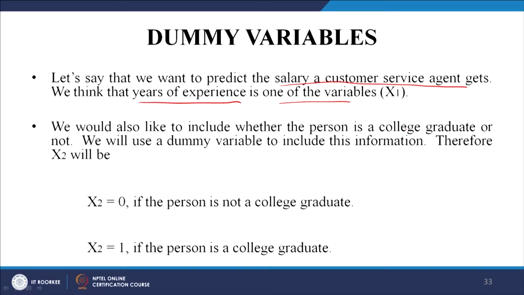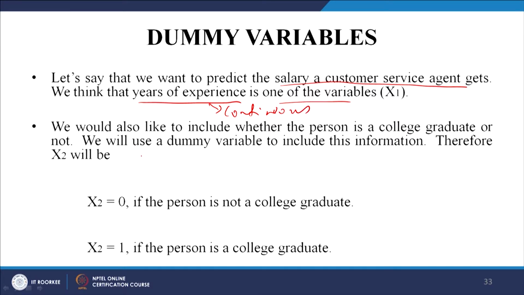Let us say we want to predict the salary of a customer service agent. We think that the years of experience is one of the variables that can have an impact, right. We would also like to include whether the person is a college graduate or not. So, what are the variables? One, how many years of experience. This is continuous data, right.